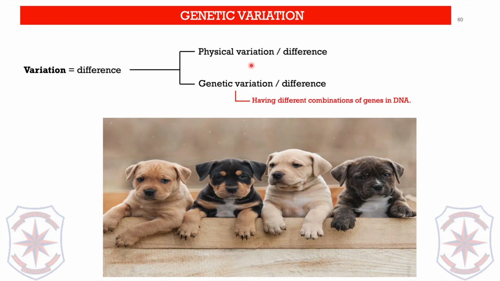So our physical variation is dependent on our genetic variation, on how our genes are composed in our DNA. Okay, guys? Now, where does this all start? Why do we have different combination of genes, or why do we show genetic variation? Meiosis. It starts from meiosis.